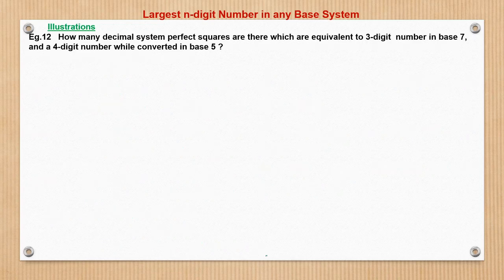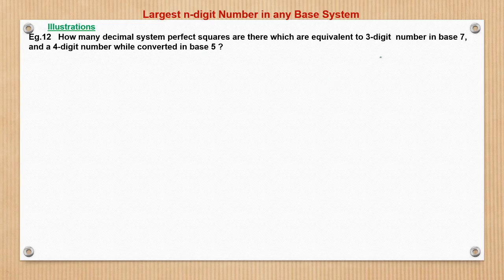Now question 12 says how many decimal system perfect squares are there which are equivalent to a 3 digit number in base 7 and a 4 digit number when converted in base 5. So it says in decimal system how many perfect square numbers are there which are equivalent to a 3 digit number in base 7 and a 4 digit number when converted in base 5.